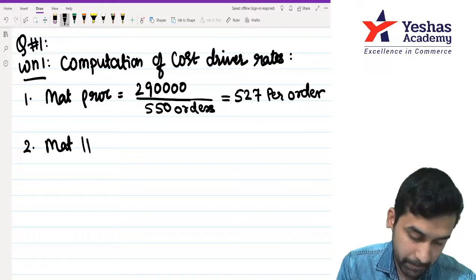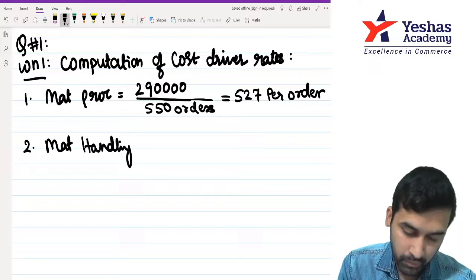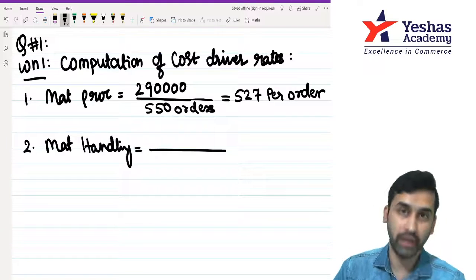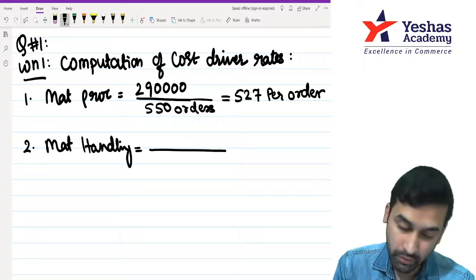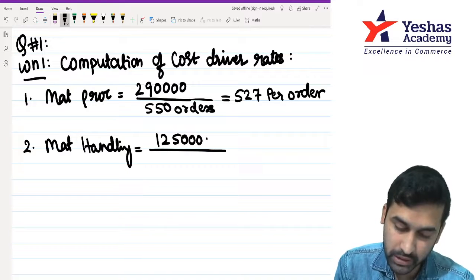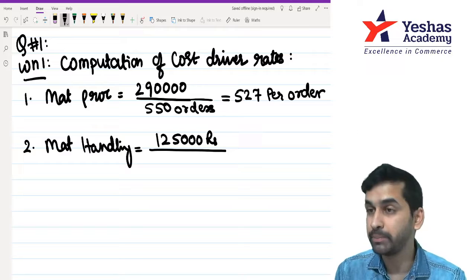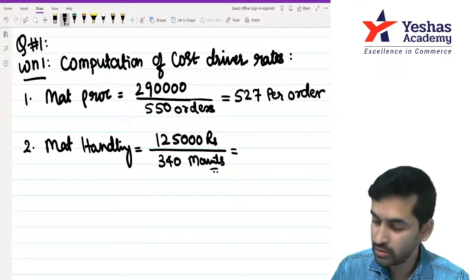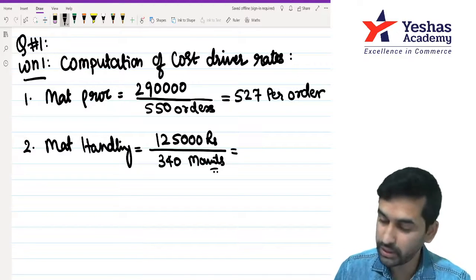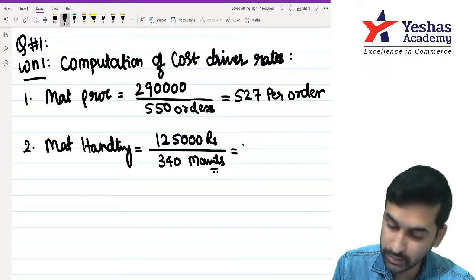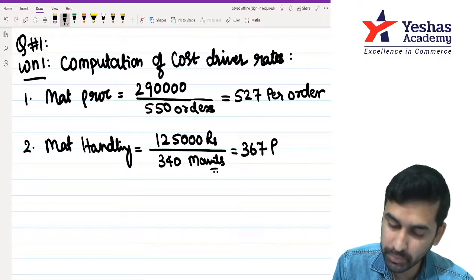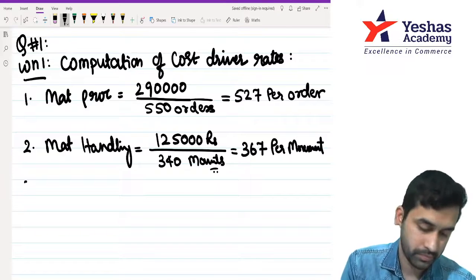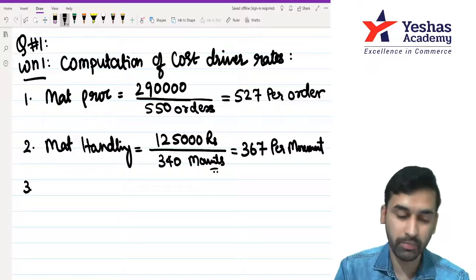Material handling. I want you also to write along with me. 1,25,000 rupees divided by 340 movements. 125,000 by 340 is coming to 367 per movement.